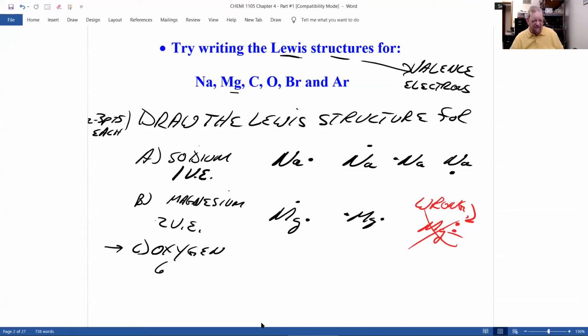So what do we do? Well, write the chemical symbol, and I'll give you about 20 seconds to draw in the valence electrons on your own first.